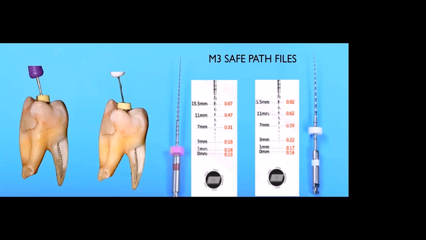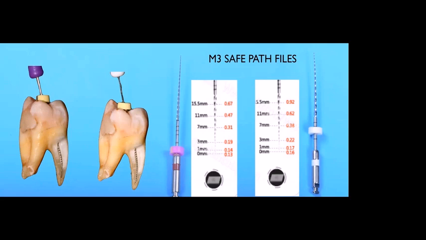To this end, we are going to use a small K file, 8 or 10, and we are going to start with watch winding movements. When we reach the apical terminus of the root canal, we are going to start with the push-pull motions.